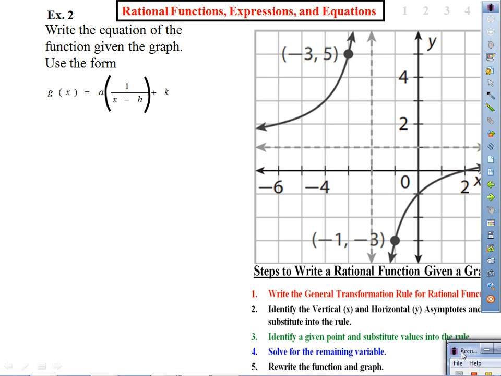Purposefully, I left the steps down here because some of you didn't finish copying them, but here they are. I'm going to go through the process just to make sure we got it, okay? Once again, it reads, example 2, write the equation of the function given the graph. Use the form g of x equals a times 1 over x minus h plus k.